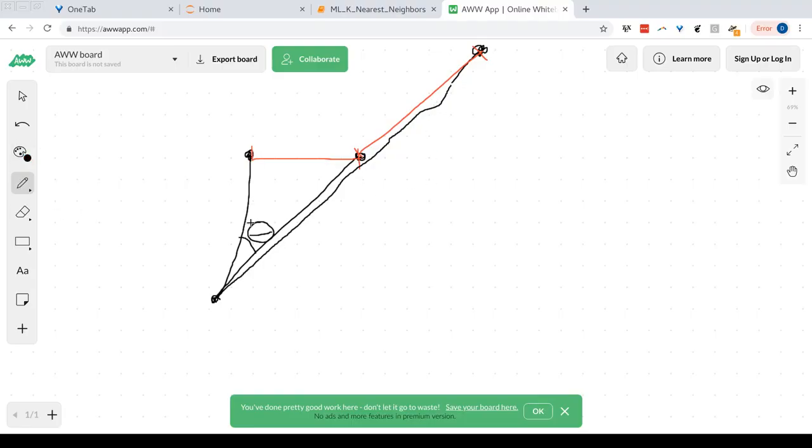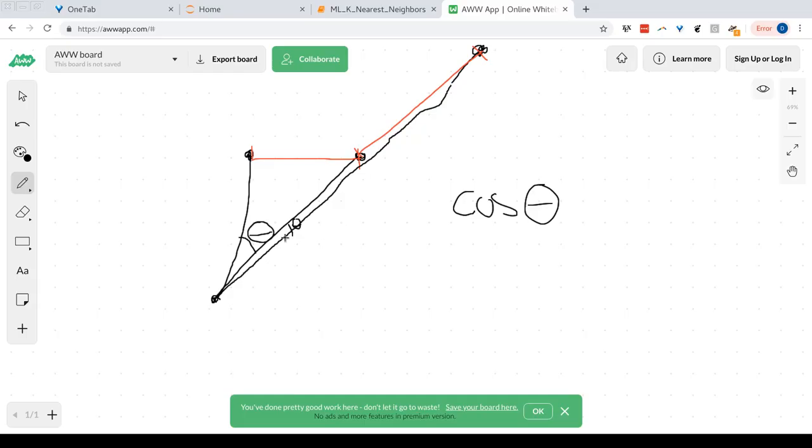Then we notice the angle they form is very small. So if you take the cosine of the angle they form, that's going to be another measure of similarity for our data points. So we can use the cosine similarity instead of the Euclidean distance.